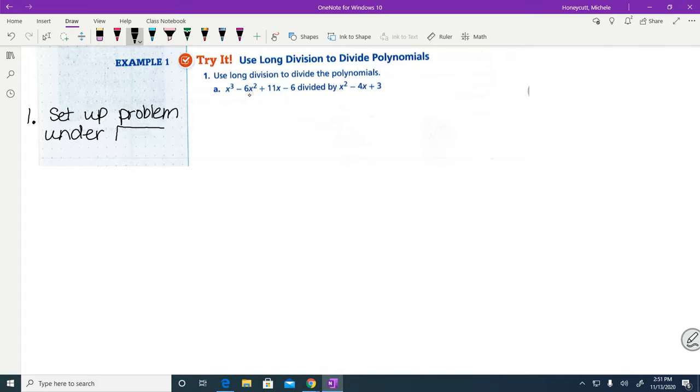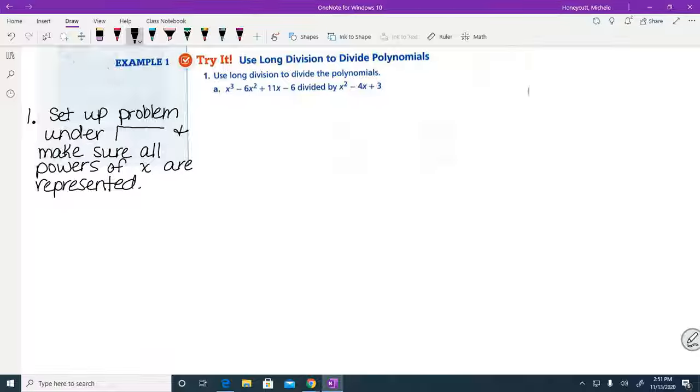And make sure that all powers of x are represented. So that means if x to the third is my highest power, then I need to make sure there's an x squared, an x, and a constant.